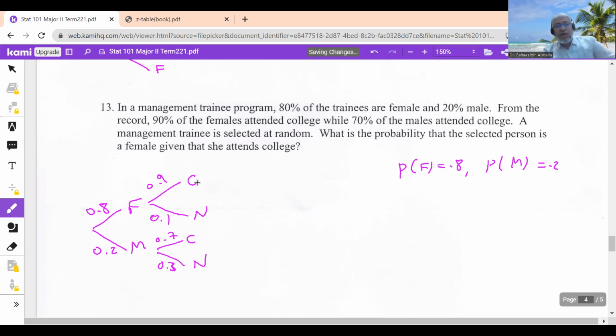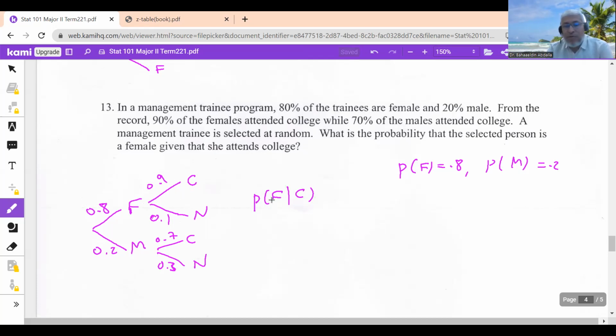So this tree diagram illustrates the experiment. A management trainee is selected at random. What is the probability that the selected person is a female given that she attended college? So we need the probability of F given C. Well, 0.9 is the probability of C given F.